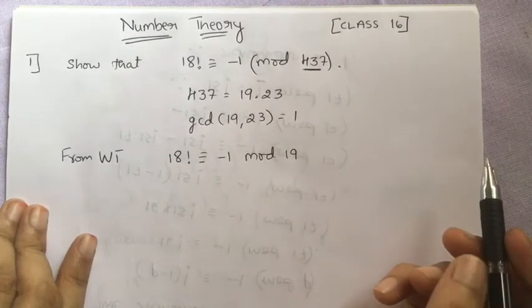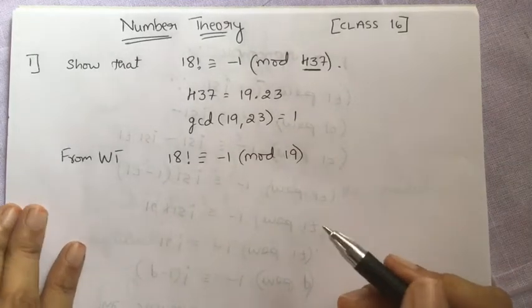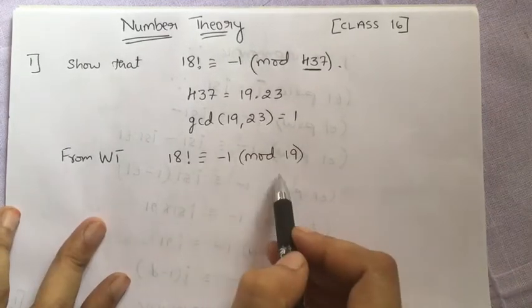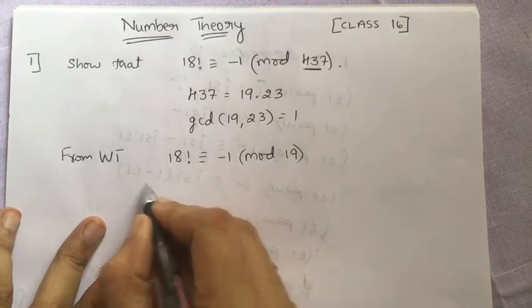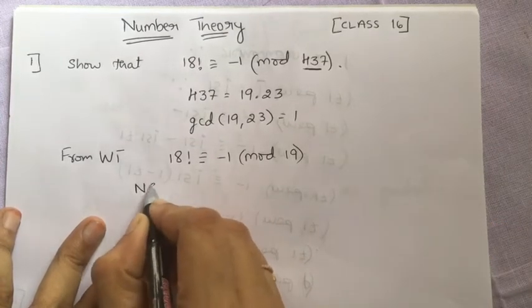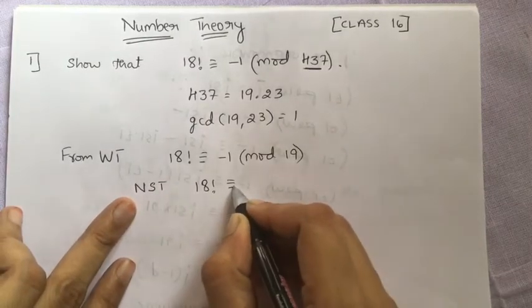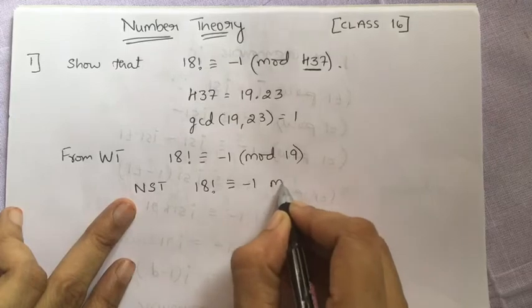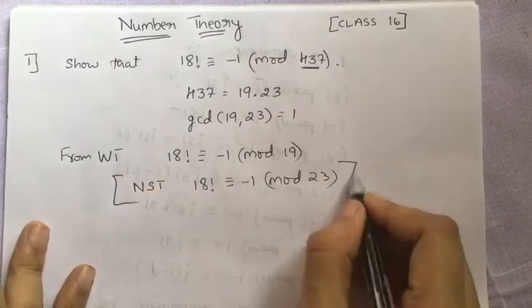P minus 1 factorial is congruent to minus 1 mod P. I'm using that and I can directly write this. Now I need to show that 18 factorial is congruent to minus 1 mod 23. This I have to show now.